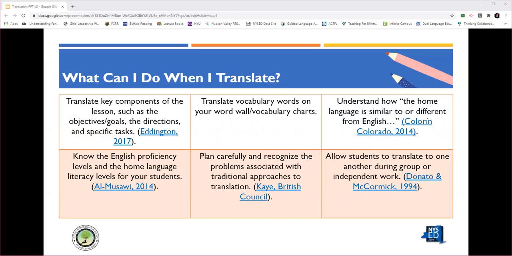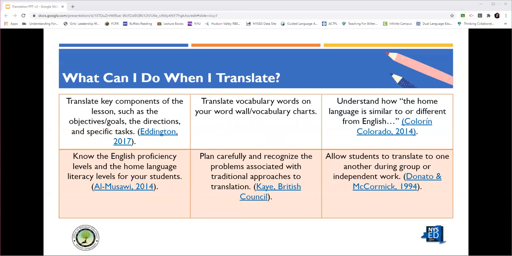So as much as we want to be strategic of the use of translation, we don't want it to become a habit, because the child will then revert to wanting to use only their L1, and it will impact their development and their learning of the L2. You want to plan carefully and recognize the problems associated with traditional approaches to translation.